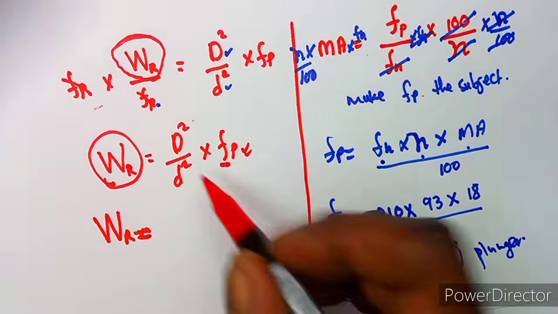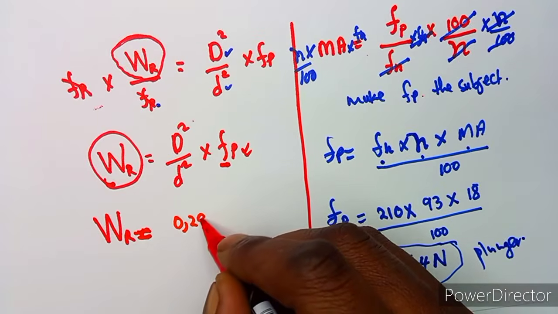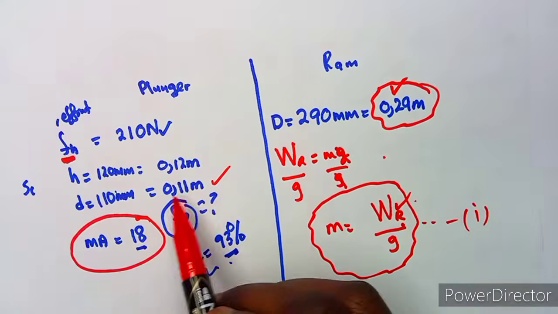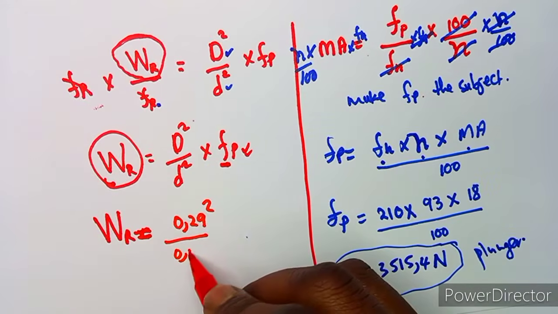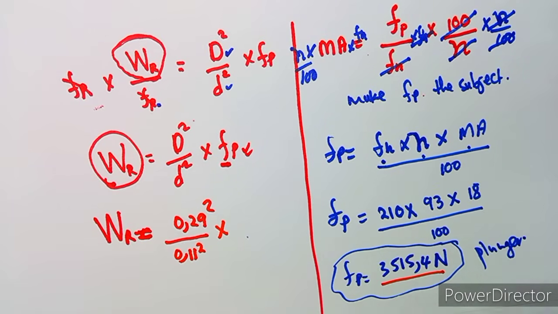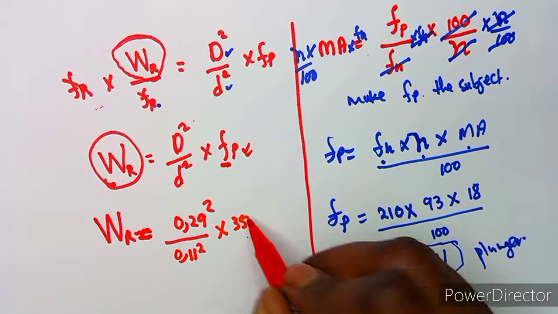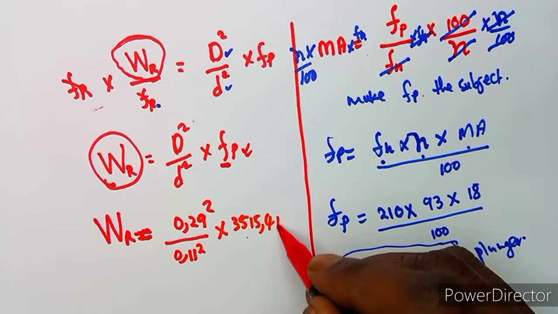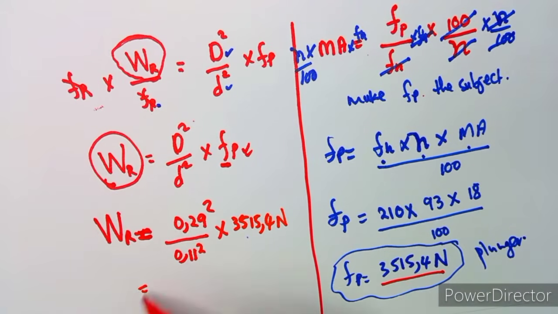So this is equal to 0.29 squared over d squared on the ram, which is 0.11 squared, times the force on the plunger, which is 3515.4 Newton.